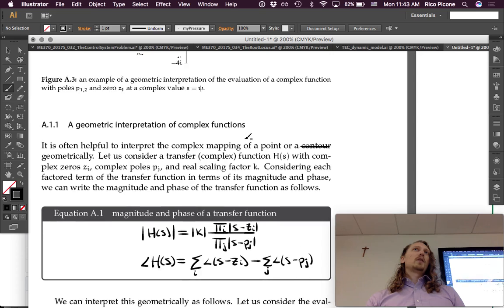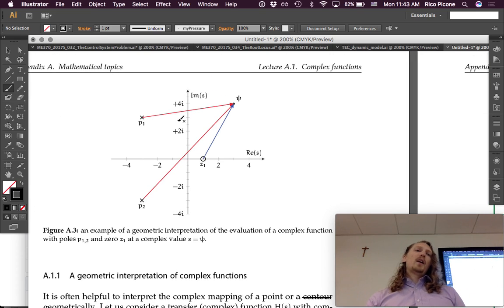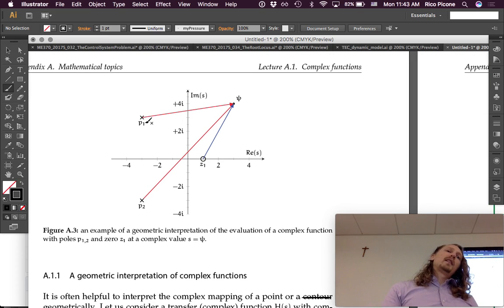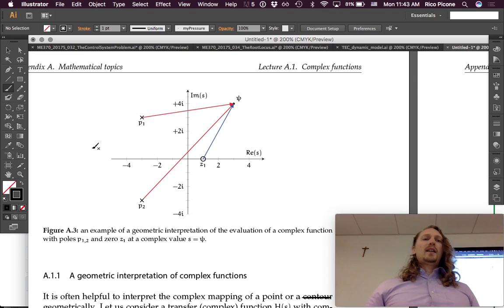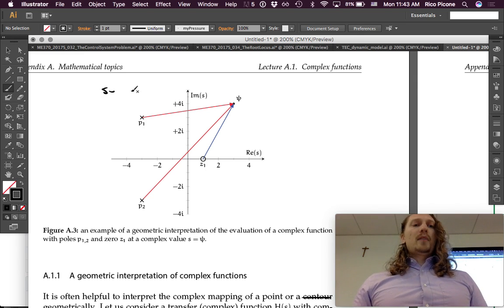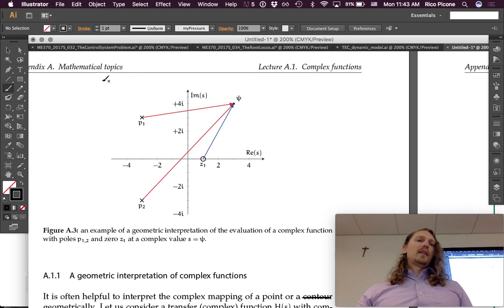So what we could look at is, in the complex plane, p1, for instance, is right here. If we're going to take s minus psi, oh, sorry, not s minus psi, we're going to take psi minus p1. That's what one of the terms would be.